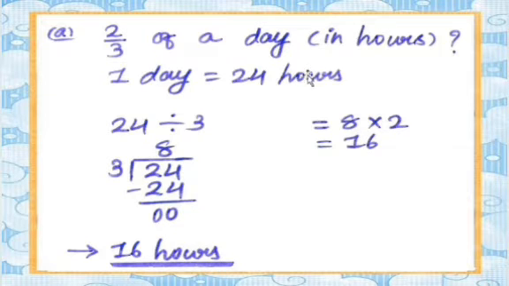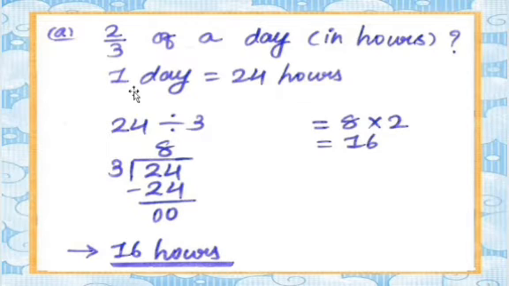But here is one hint for us. 2 upon 3 of a day in hours means here we have to convert a day into hours. What to do, my dear students? Here 1 day converts into hours.